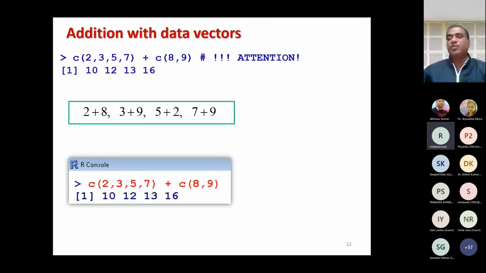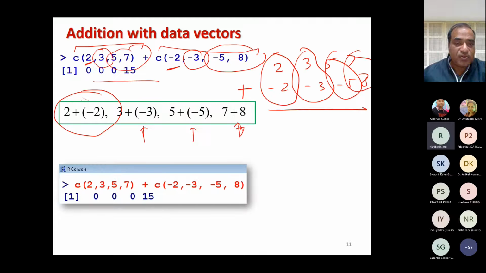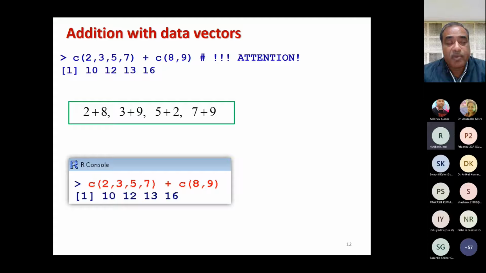I simply have to show you now what is happening in this case. You can see in both the data vectors I have taken an equal number of elements, 4 in the first data vector and 4 in the second data vector.